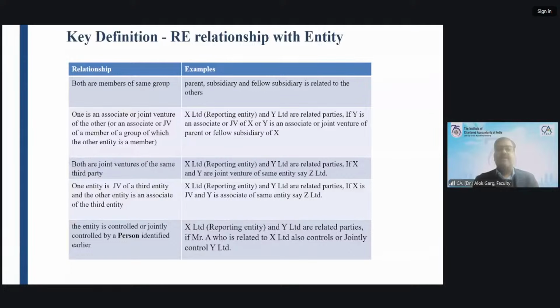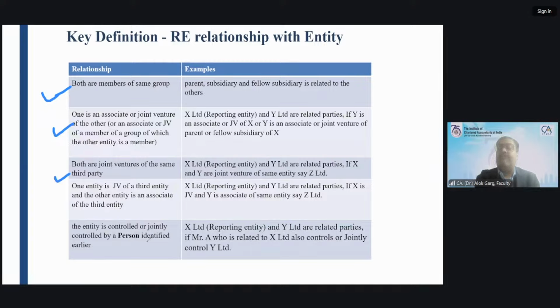So we discussed the first, and now we discuss the second. Both are JV of the same third party. X Limited is a reporting entity.